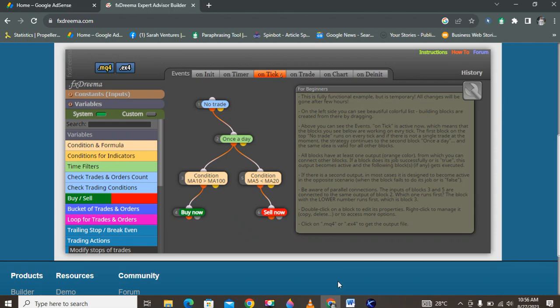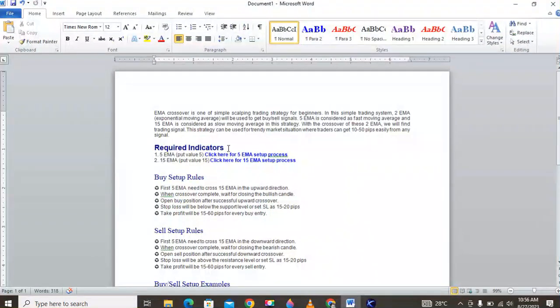For our Forex robots, we're going to be using this strategy: EMA strategy, moving average strategy, EMA 5 and EMA 15. EMA crossovers is one of the simple scalping trading strategies for beginners. Yes, because with the help of the EMA crossovers, you'll be able to identify the buy and sell in the markets.